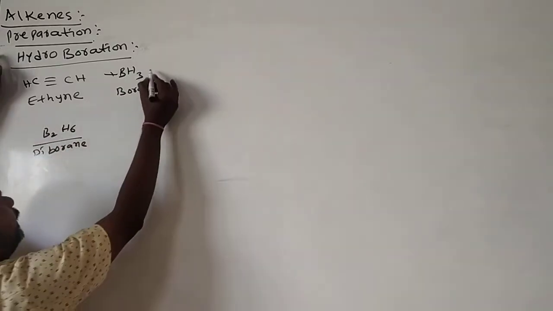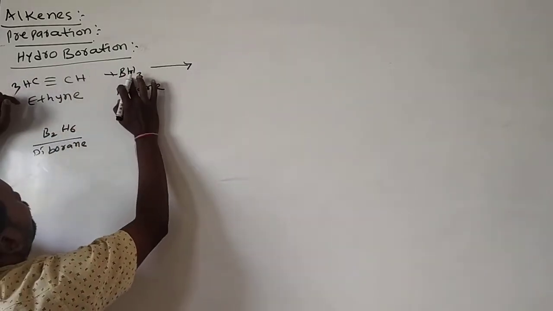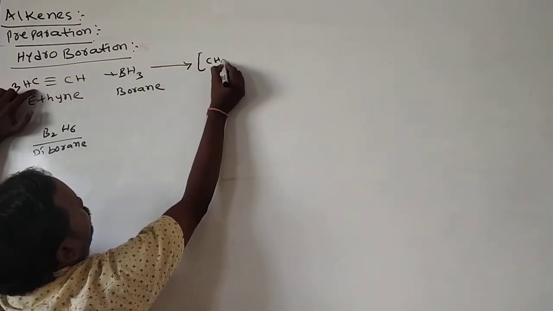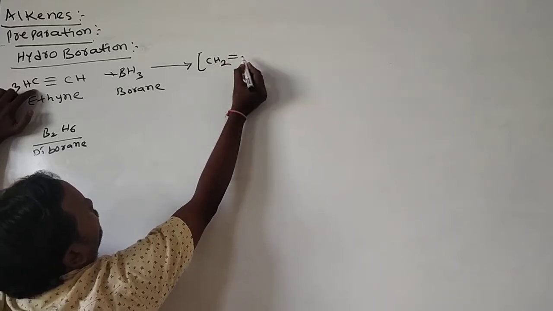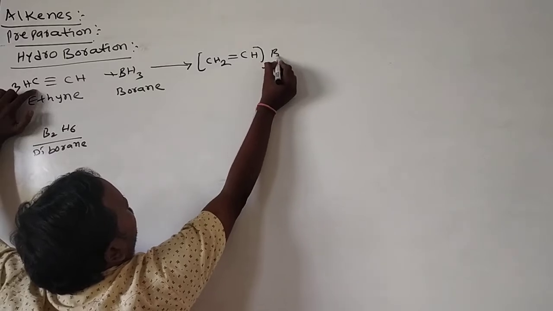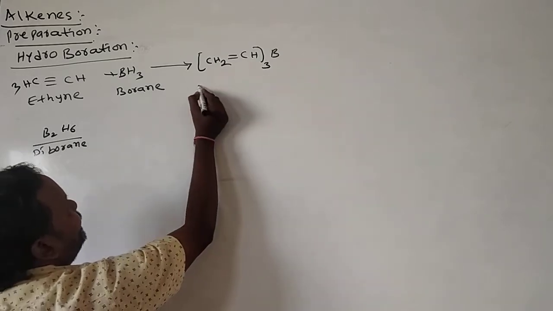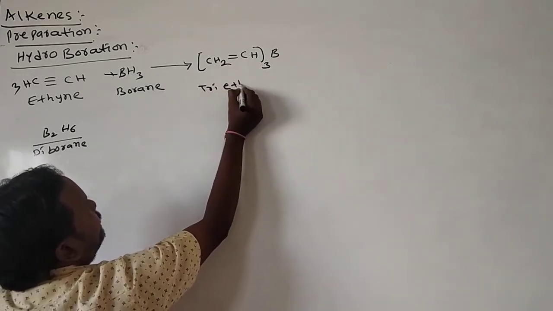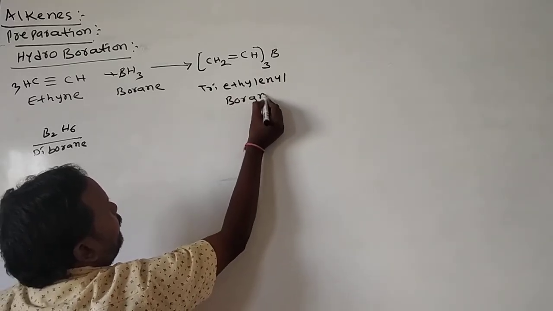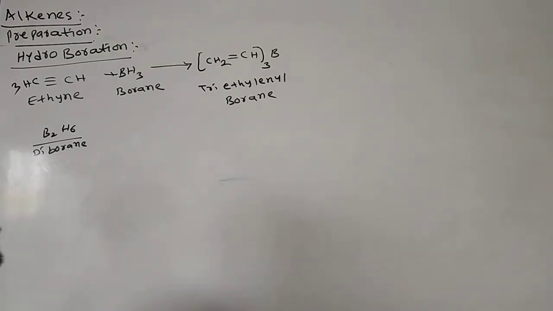BH3. An addition reaction takes place. Here I am taking 3 moles. All these hydrogens add like this, giving (CH2=CH) taken 3 times, and B. This we call triethyl borane, or more precisely trivinyl borane.